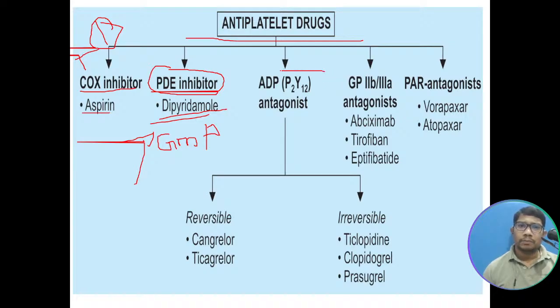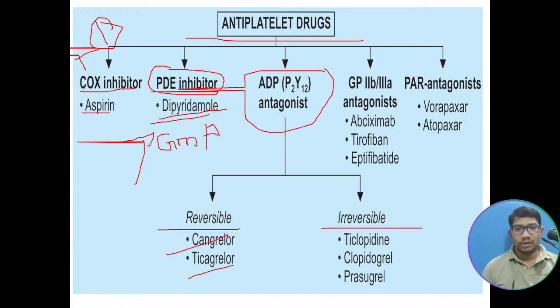In this third class, there are reversible and irreversible types. Remember, there are two reversible ADP receptor antagonist drugs: Cangrelor and Ticagrelor. Now, the irreversible type of ADP receptor antagonists are ticlopidine, clopidogrel, and prasugrel.